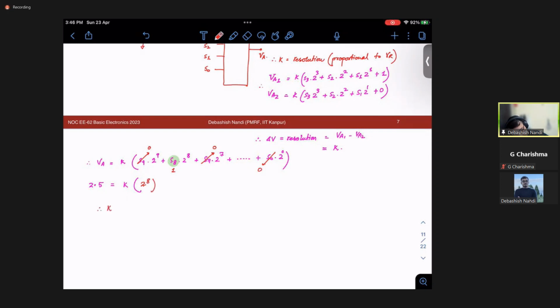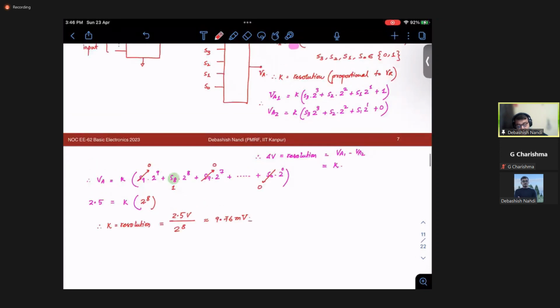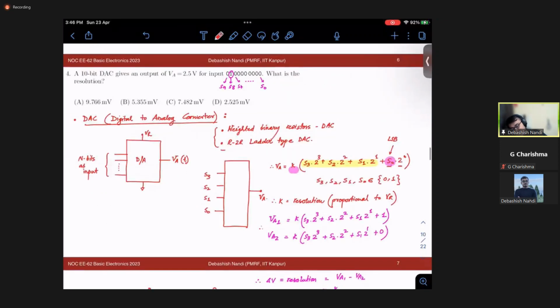So what would be your K or resolution? It is your 2.5 volt divided by 2 to the power 8, and the answer comes out to be 9.76 millivolt. Fine. So your answer would be A. Okay. In this way, you can solve the problem for this kind of nature, right?